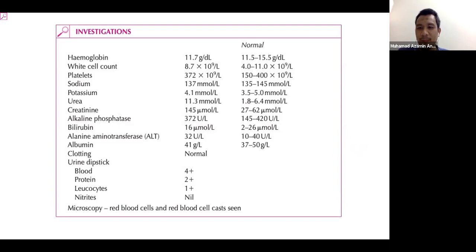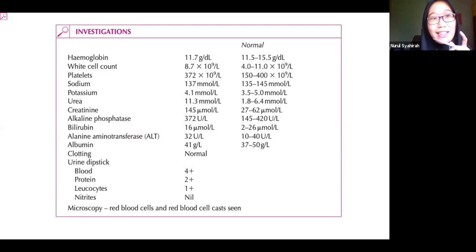This patient, I think, can be post-streptococcal. No. You don't know yet whether this is post-streptococcal. Oh, okay. So from this result, what can you conclude? So for this patient, there's no bleeding disorder since platelet is normal.